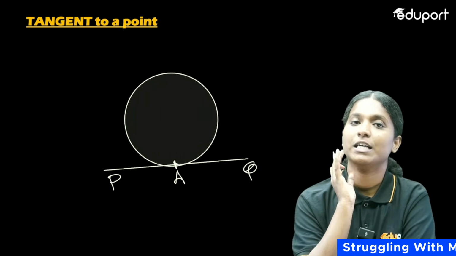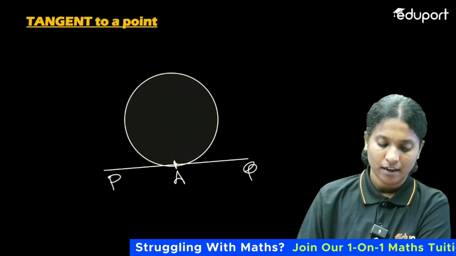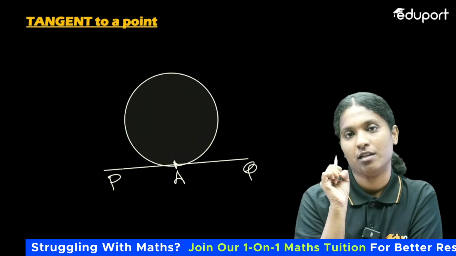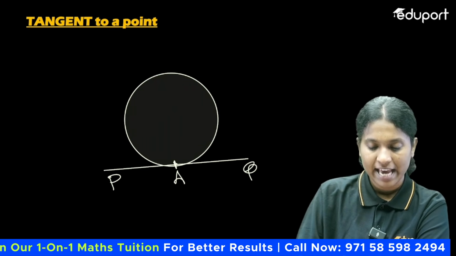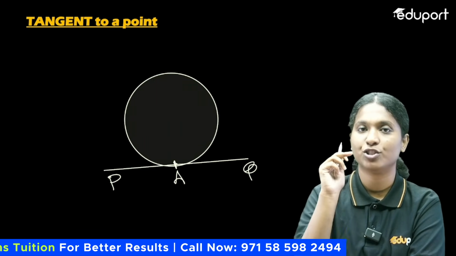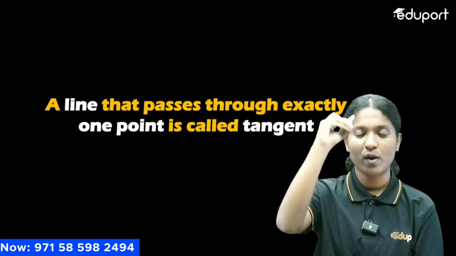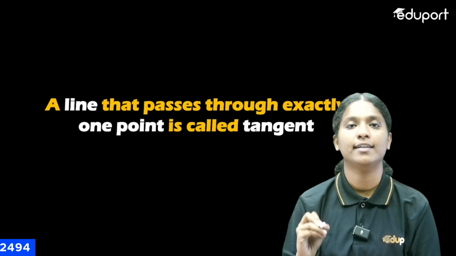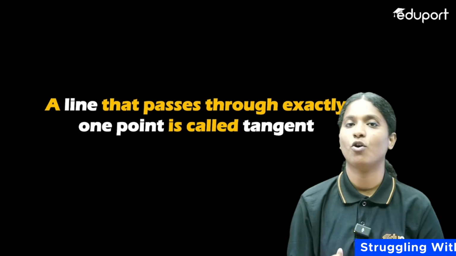So PQ is a tangent that passes through A, that is intersecting at A. So A is the point and PQ is the tangent to the point A. A line that passes through exactly one point of the circle is called a tangent.